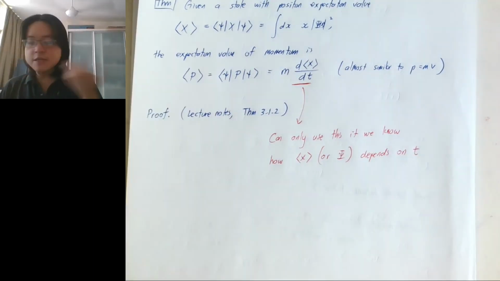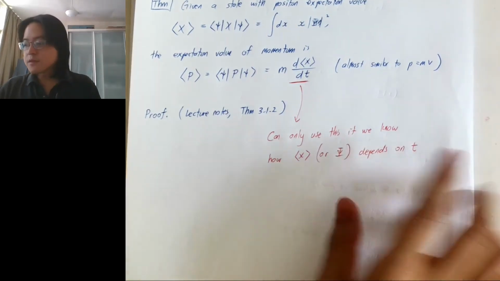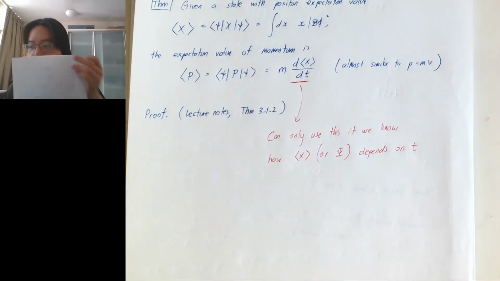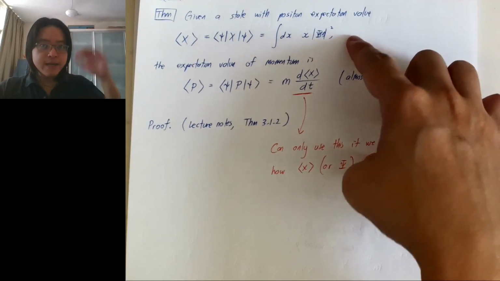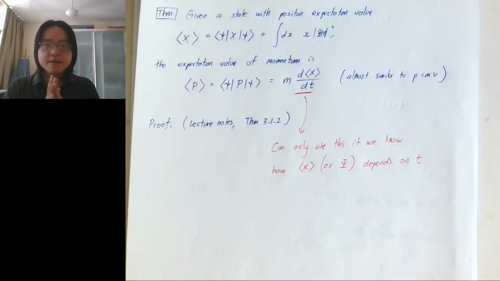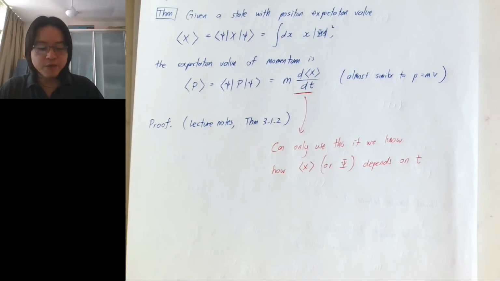Otherwise we can't use it. This one will be important because later, what we're going to do next after this is we are going to have a time dependent Schrödinger equation, and then I will derive a time independent version of the Schrödinger equation.